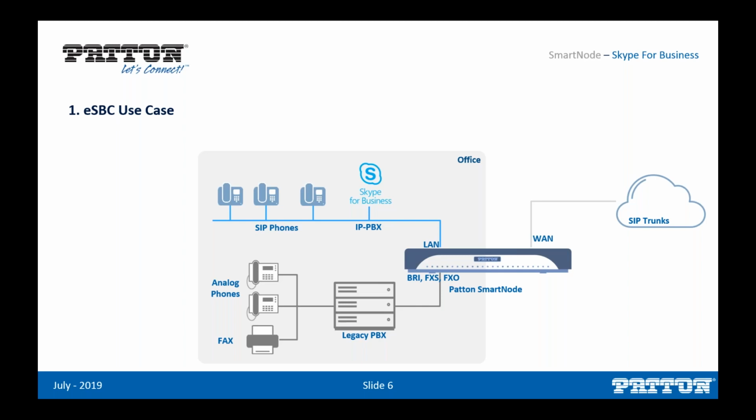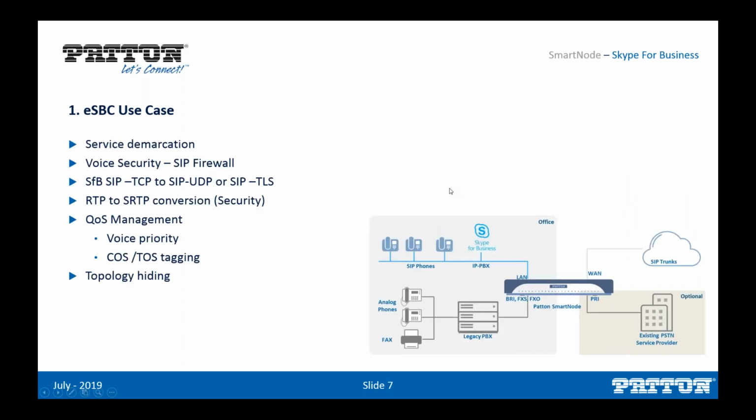The SmartNode optionally comes with TDM interfaces, which allows your clients to integrate legacy equipment, whether this is a PBX or some old analog telephones. That's a really nice thing, providing additional value to the solution.